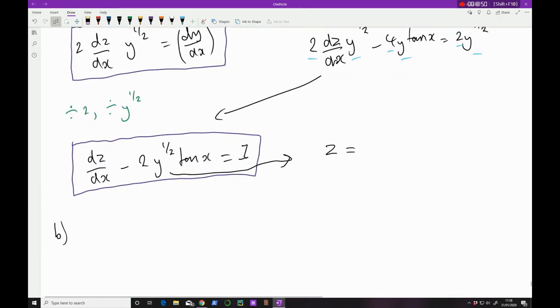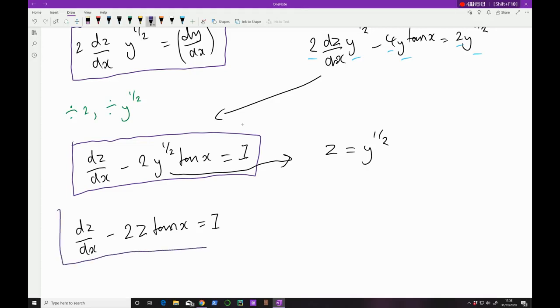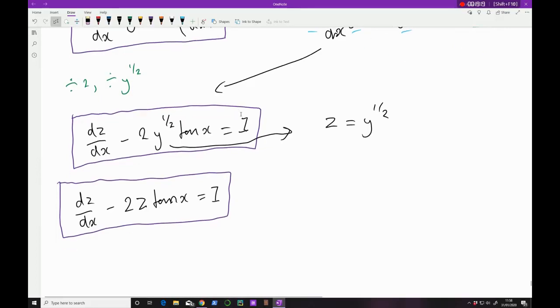Let me get rid of this, because this is not the story so far. This is. So dz by dx minus 2z tan x equals 1. So this is the story so far. Another thing which is ubiquitous in every problem is to be able to spot when you've made a mistake.